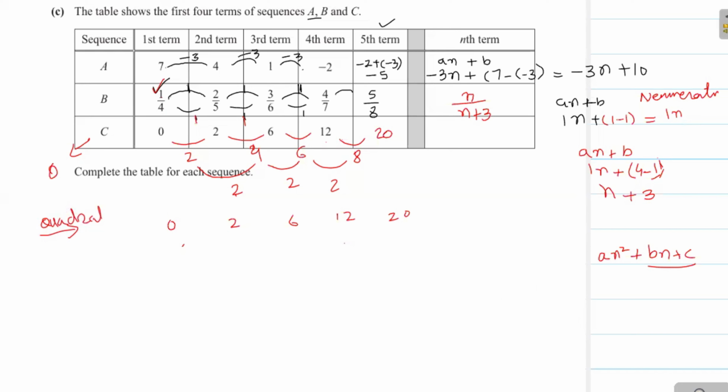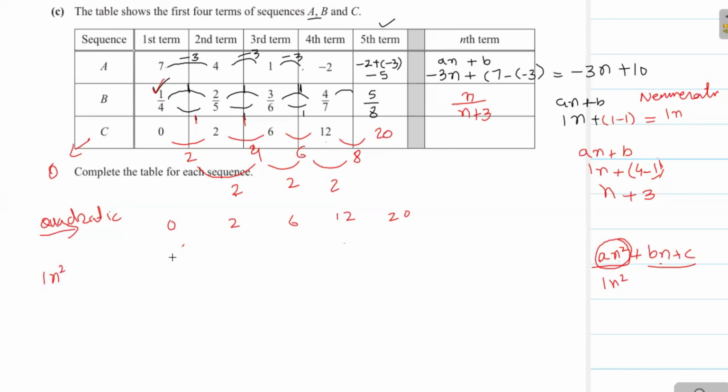In a quadratic sequence, to calculate the nth term, we use this formula an square plus bn plus c. Firstly, we calculate the an square. A is half of the second difference. Look here, half of the second difference is 2 into 1 over 2. This is 1. Therefore, we will write 1 n square.